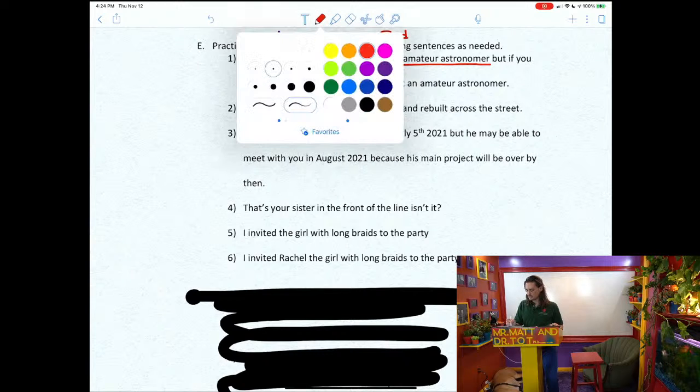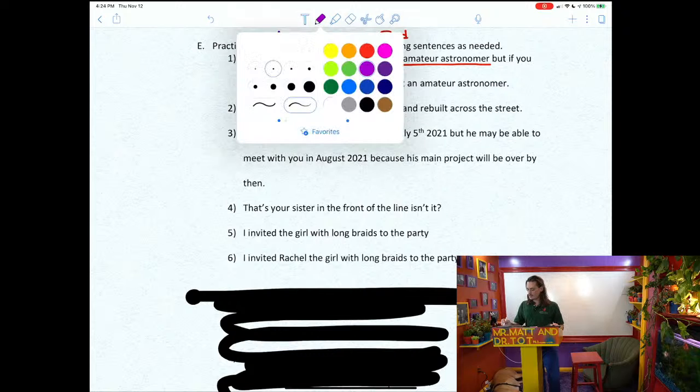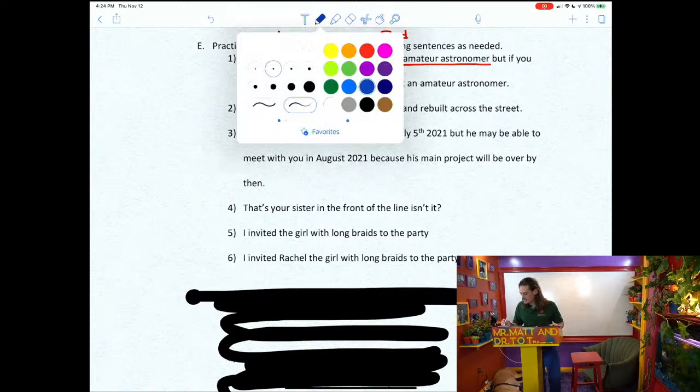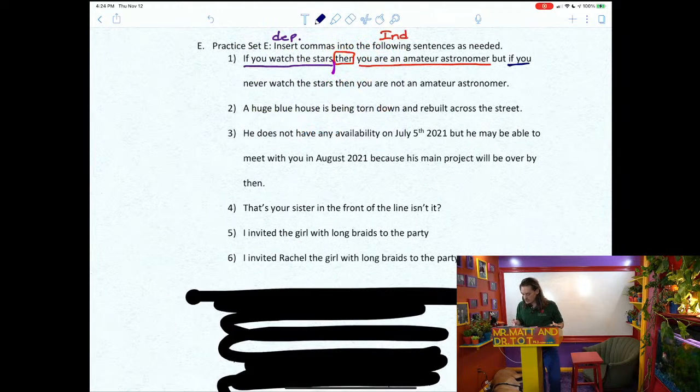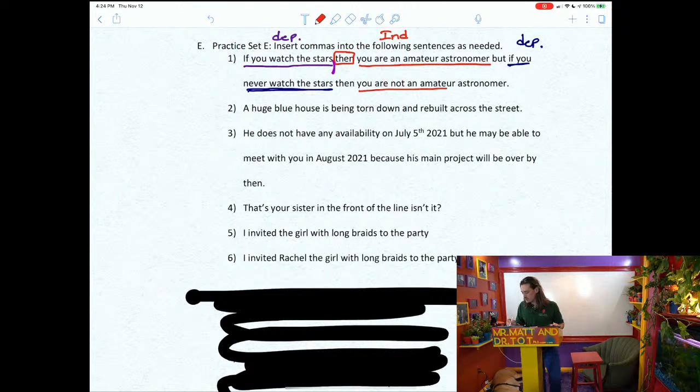So we need a comma between the two clauses. If you watch the stars, then you are an amateur astronomer. But if you never watch the stars, again, dependent, then you are not an amateur astronomer.